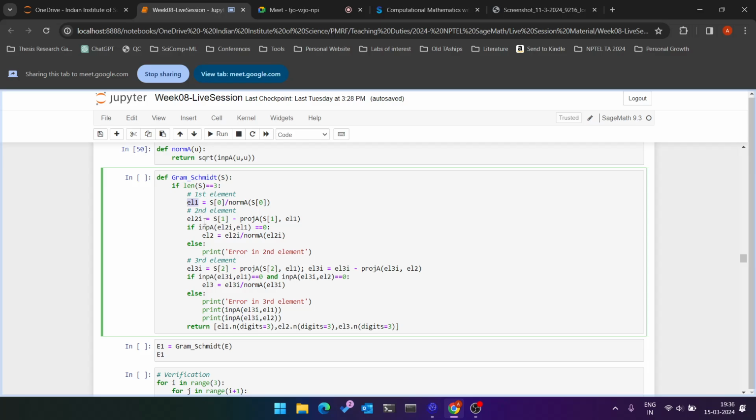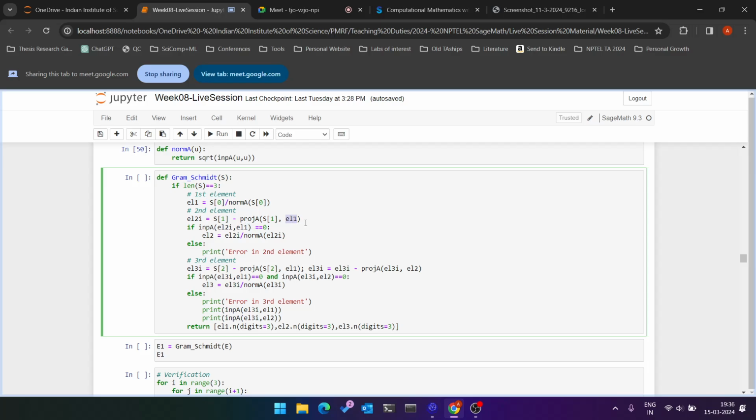The second element is defined as the second element of set S minus the projection of the second element of set S with respect to the normal element L1.